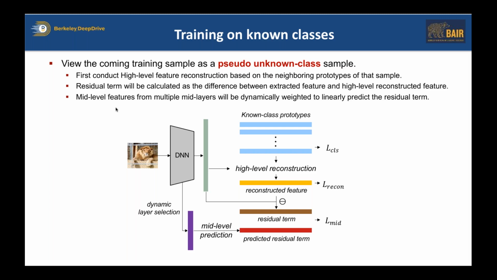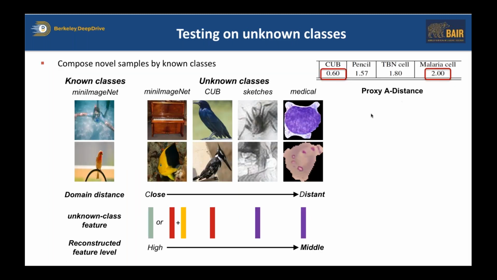And then we use the middle-level features from multiple middle layers to dynamically predict this residue term. So with such a mechanism, we compose the novel samples from the unknown classes by the known classes' features.